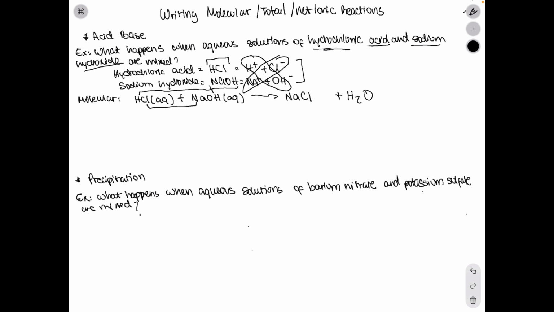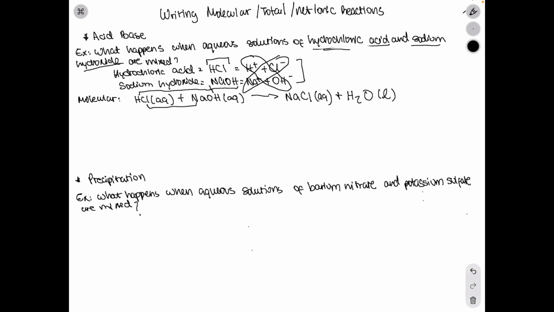We already know the state of water is liquid, and for NaCl, you have to go to your solubility table and check. Here on your cheat sheet it says that Na is generally soluble and there's no common exception, so this is going to be aqueous.